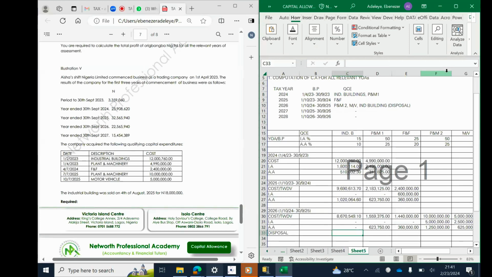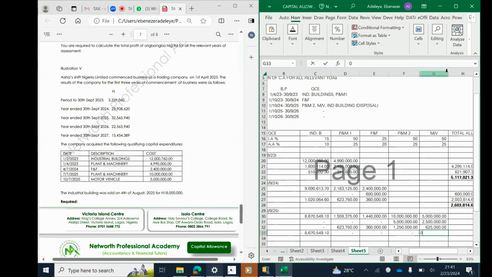Disposal means that we are taking this one out, so we are going to have this in brackets. We are taking everything out: 670,549.10. All right. There's no disposal for this one, this one, this one, this one.